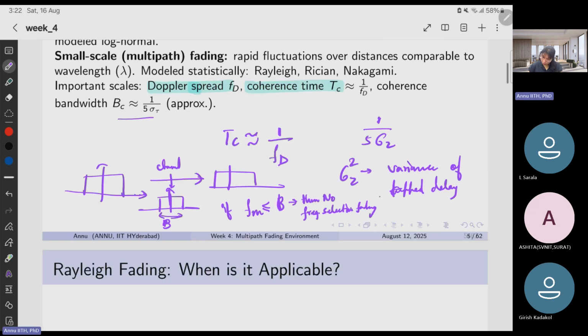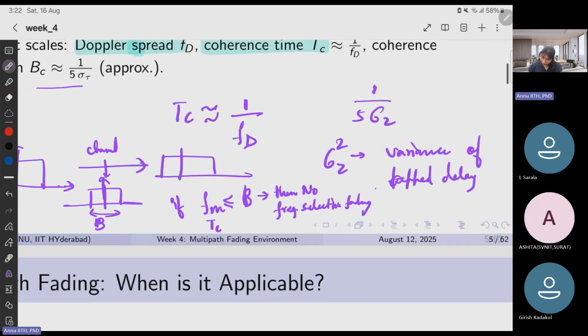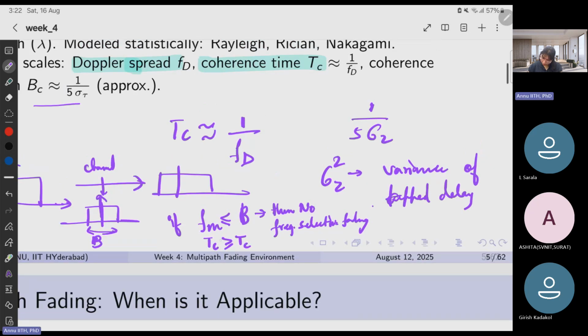Similarly, if T, the time duration of the input message signal, is greater than or equal to the coherence time T_C, the same will happen.